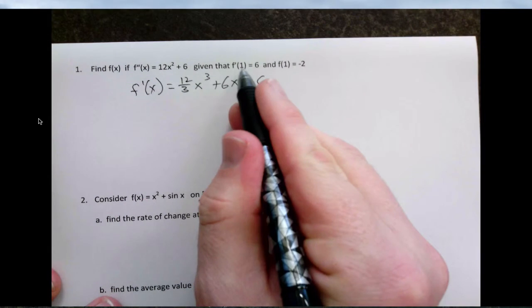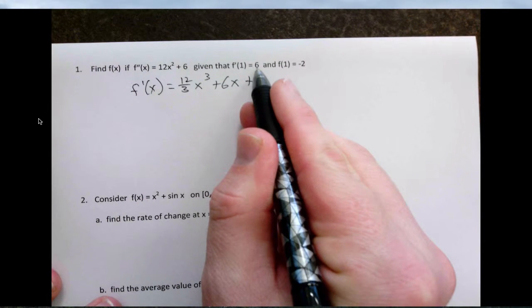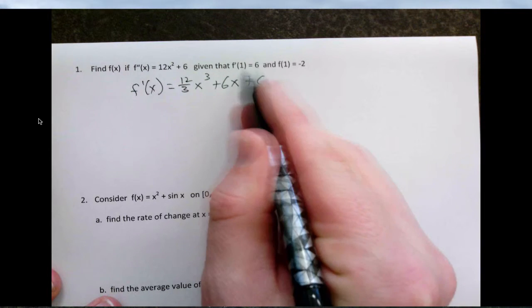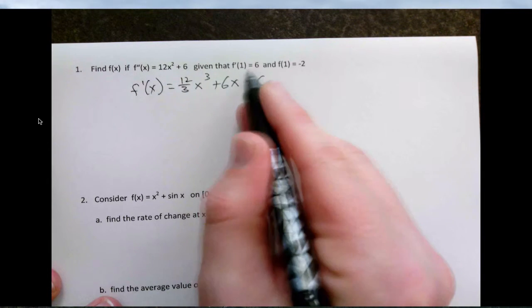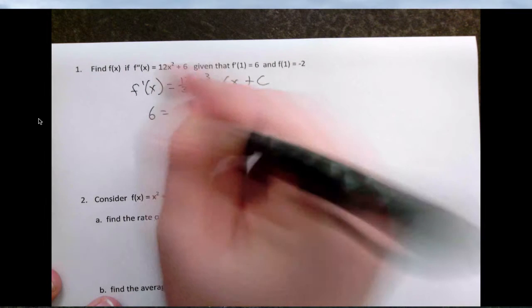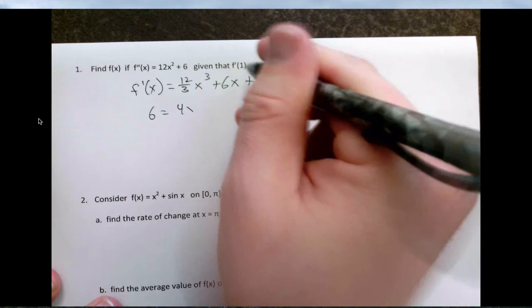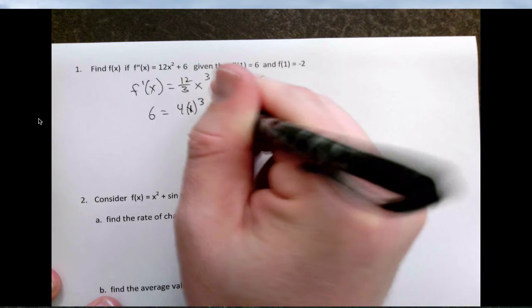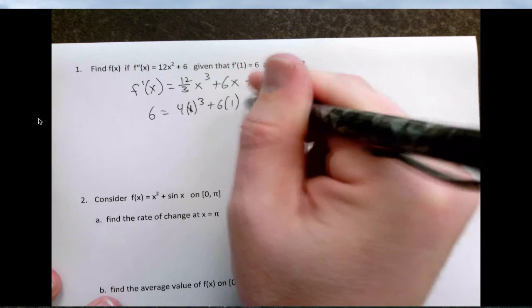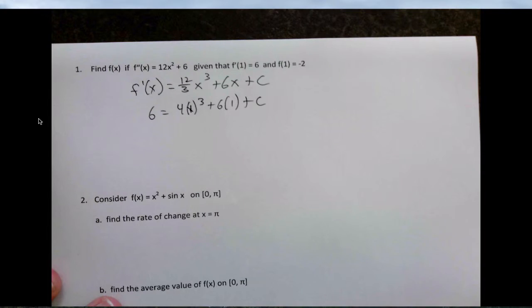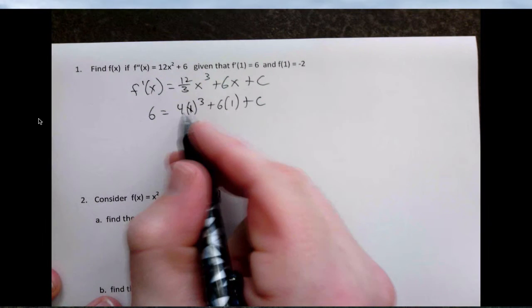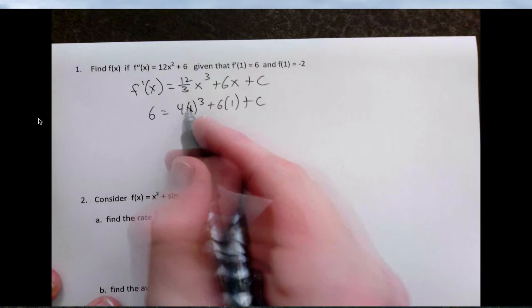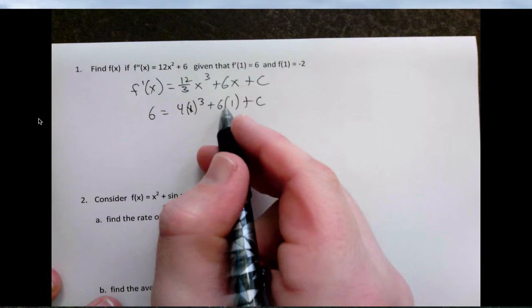Now, here's my x and my derivative value. These two values will end up finding the value of c. So the 6 goes here, and 1 goes in: 6 equals 4 times 1 to the third plus 6 times 1 plus c. That's 4 plus 6, which is 10.